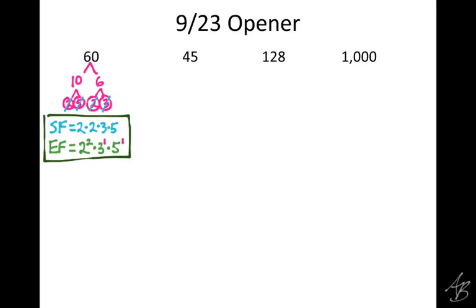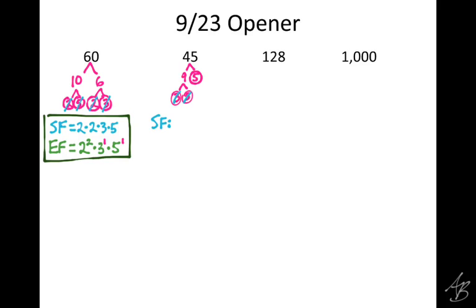Let's do the 45. What do we multiply to get 45? 9 times 5, okay. 5 is prime, right? What about 9? Is that prime? No, we can keep factoring that. What do we multiply to get 9? 3 times 3. So the standard form then is going to be what?